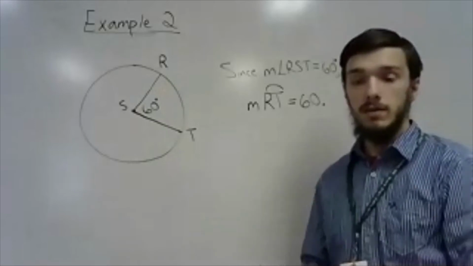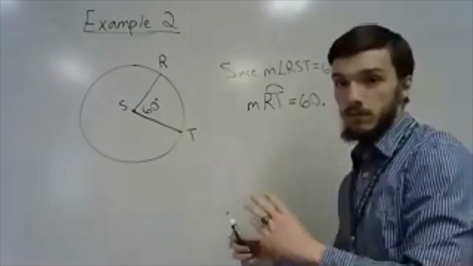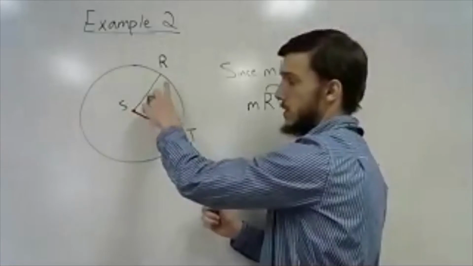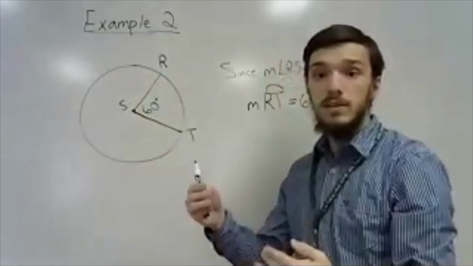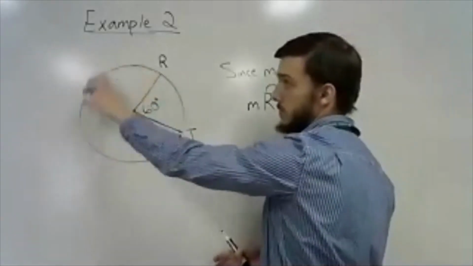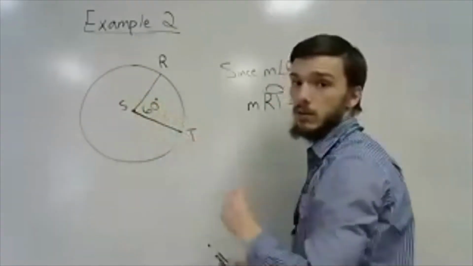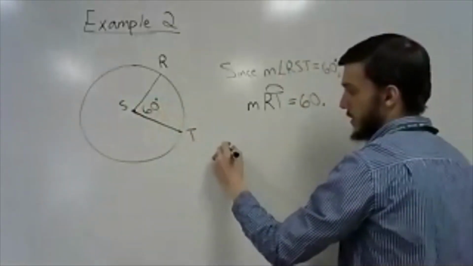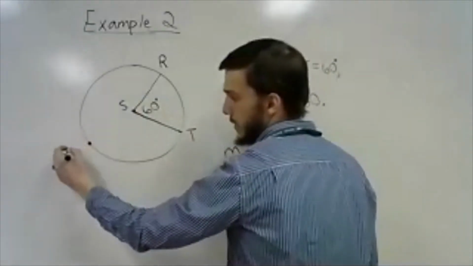To find the measure of a major arc, we kind of have to think of the circle broken up into a minor arc and then a major arc. And to find the measure of the major arc, you take from 360, you take away the central angle of the minor arc. So for instance, to find the measure, well, we have to put a point out here.